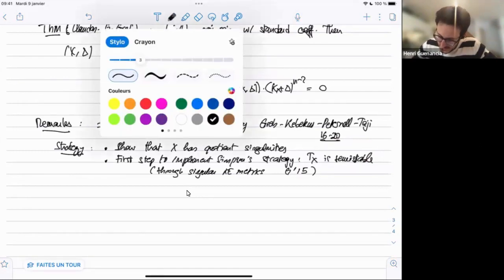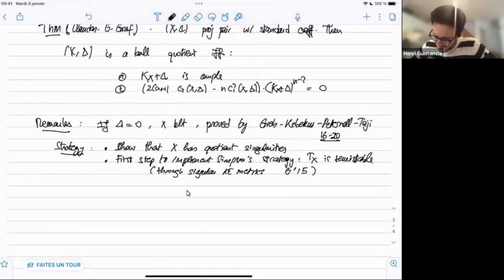Okay, so that's really the beginning, right? You have your variety with KLT singularities, T_X is semi-stable, and then you want to see that if the Miyaoka-Yau inequality is an equality, then the variety is smooth or has at most quotient singularities.